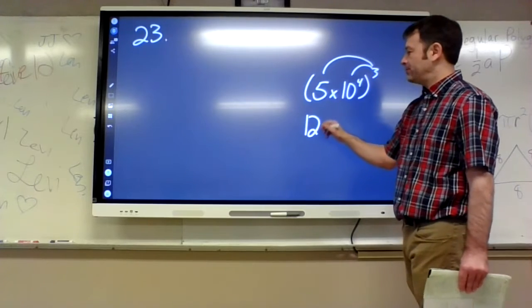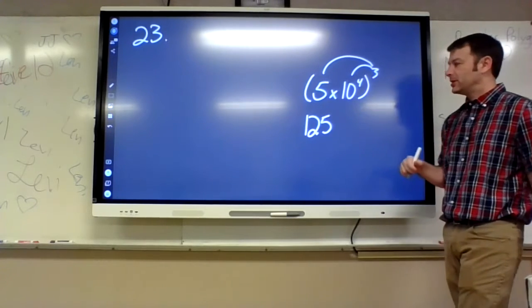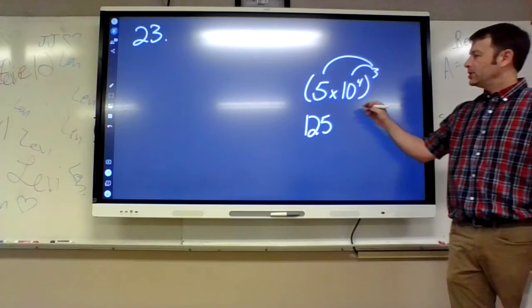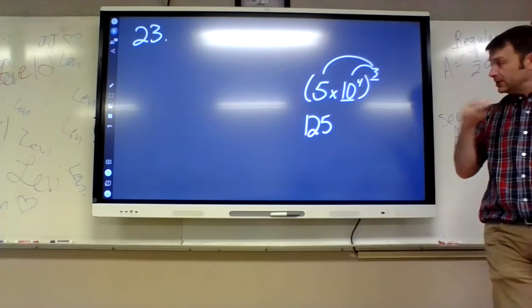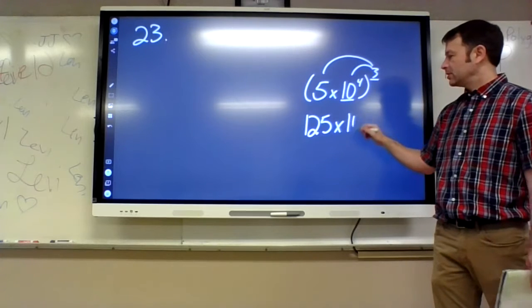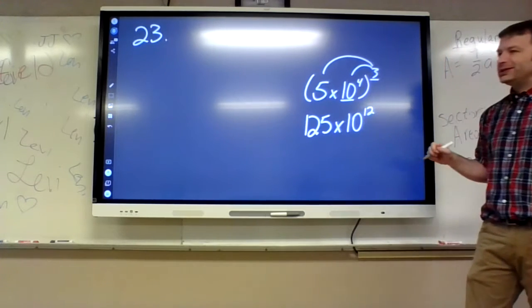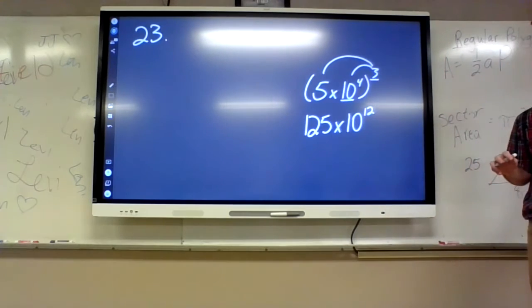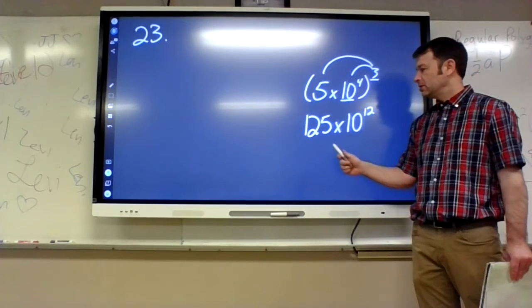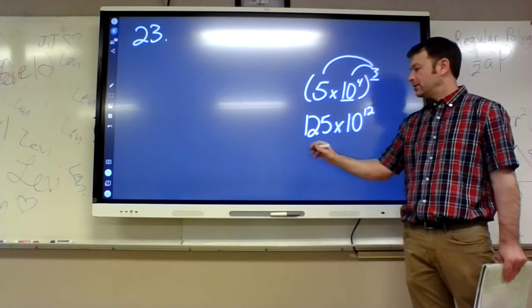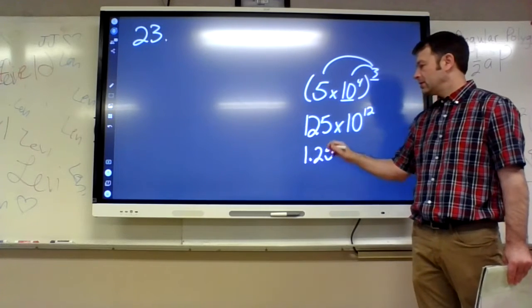If you forget, you just gotta plug it in the calculator. And then what's 10 to the 4th to the 3rd? Times 10 to the 12th. Is this in scientific notation? No. What's wrong? The decimal should be right there.